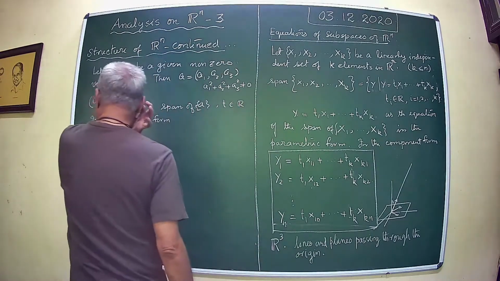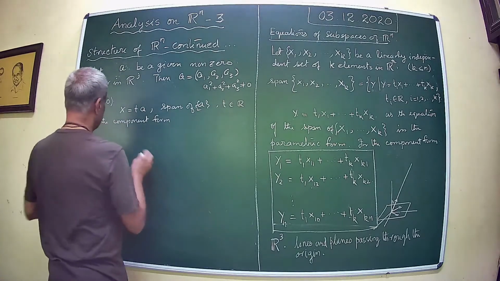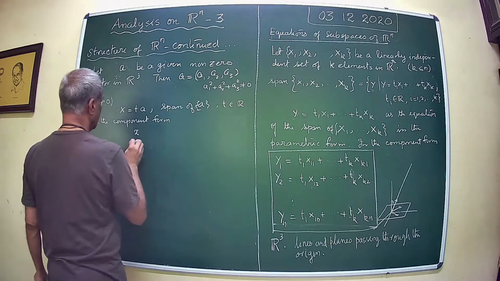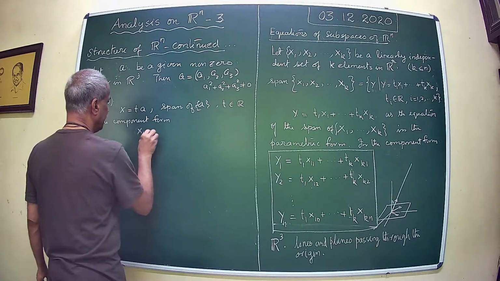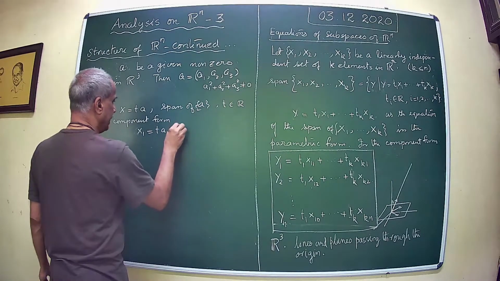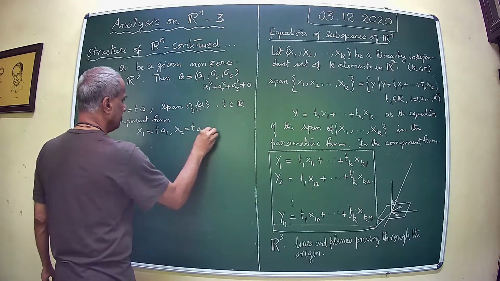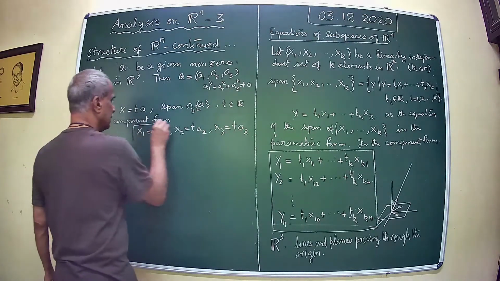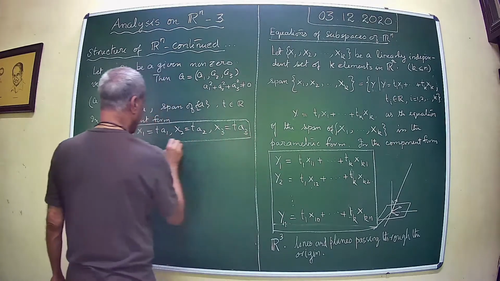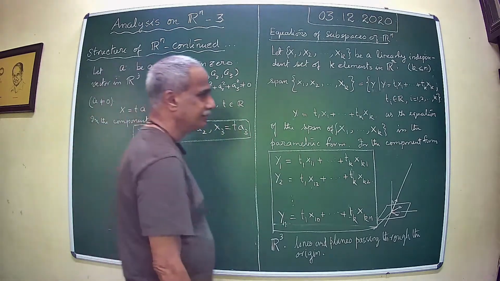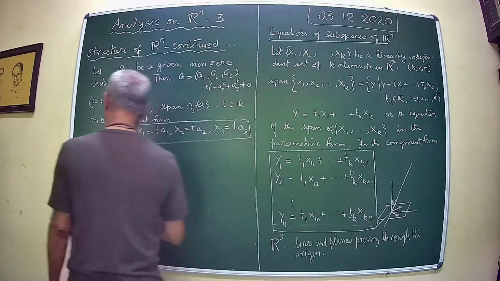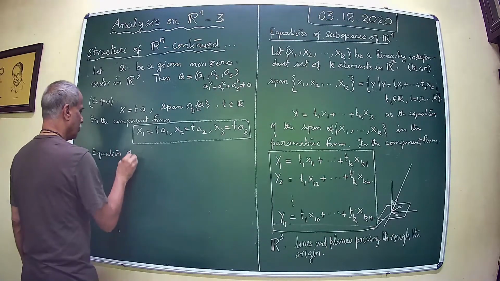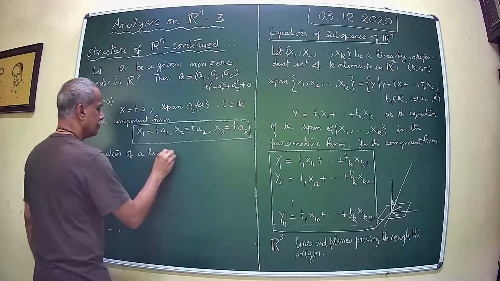In the component form, what you have is x1 equal to TA1, x2 equal to TA2, x3 equal to TA3. Now this gives the equation of a line in the parametric form in R3.